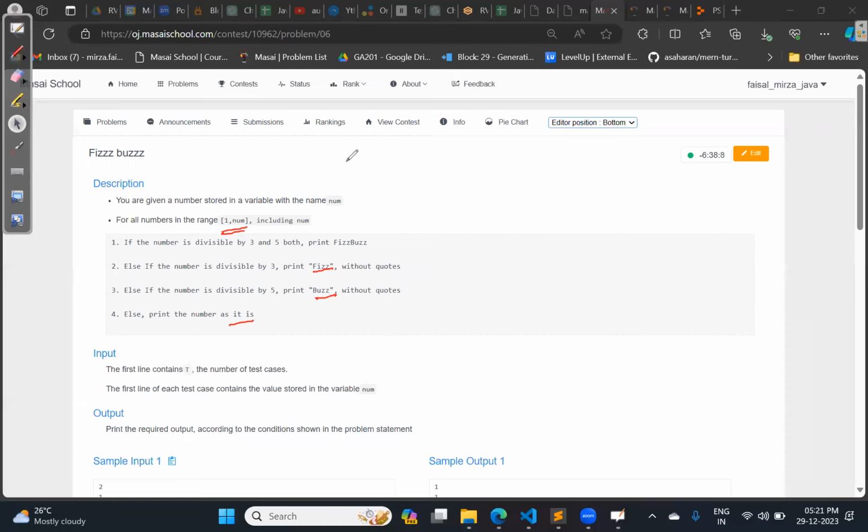Sir, we take a loop from 1 to num. After that, we apply an if condition to check whether the number is divisible, that is, it gives the remainder equal to 0.